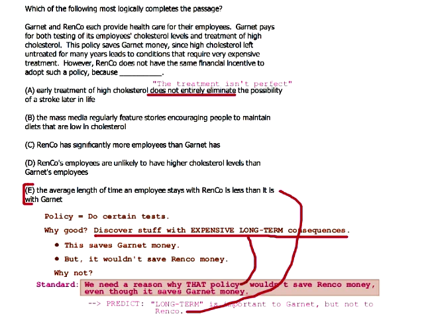So that's problem number 1: the aggregate statistics aren't affected. Also, there's no reason to think this is a difference between Garnet and Renko. This is the other thing. It's going to seem really obvious when I point it out, but the correct answer has to be a difference between Garnet and Renko. Duh, right? We need to explain why Renko doesn't benefit from something the same way that Garnet does.